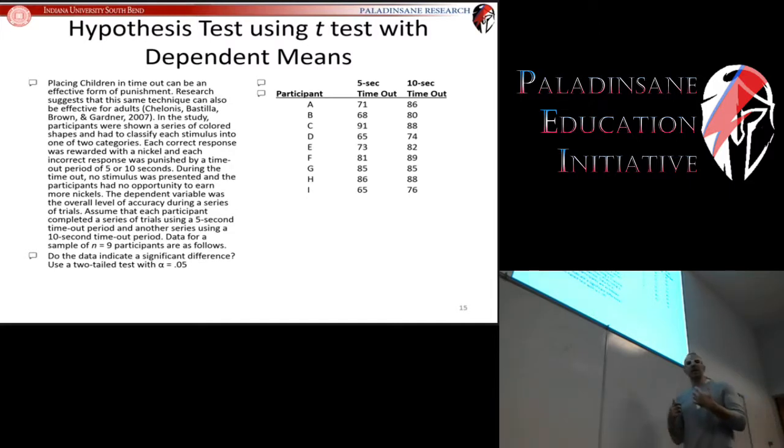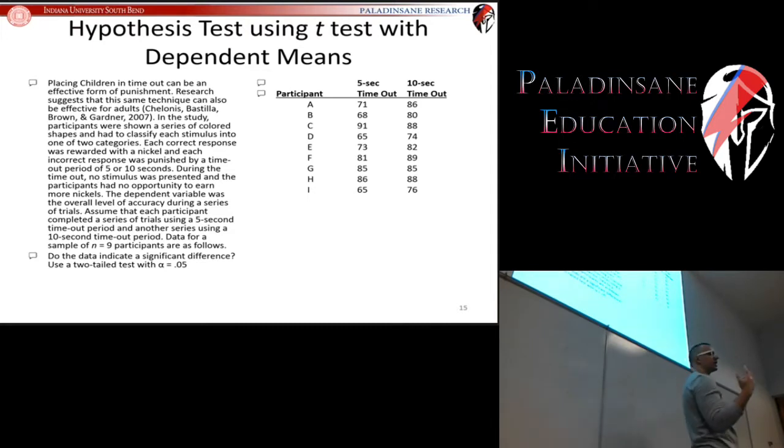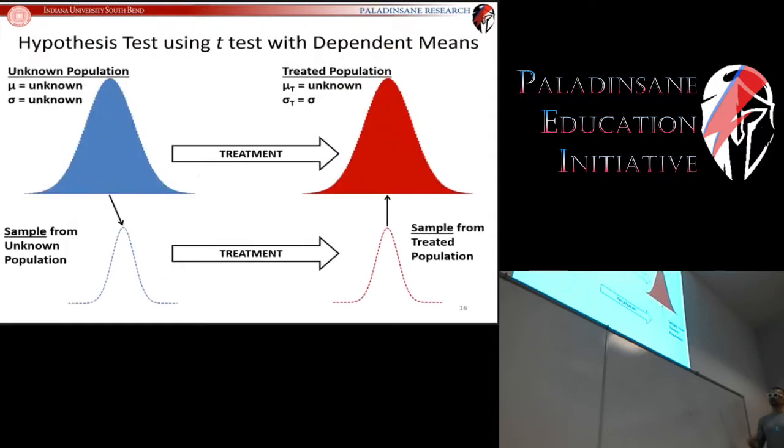So this is a new situation. This is the first time that we're measuring subjects twice. Because of that, we need to change up the way that we do our t-test slightly. Measuring subjects twice is actually a very, very common way of doing studies in psychology, especially if you're testing the effectiveness of treatment.